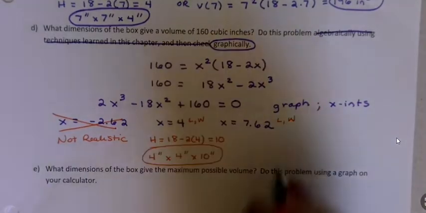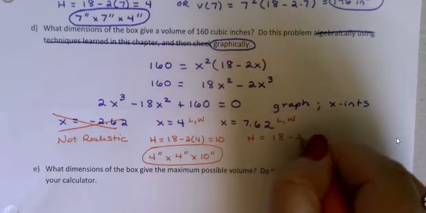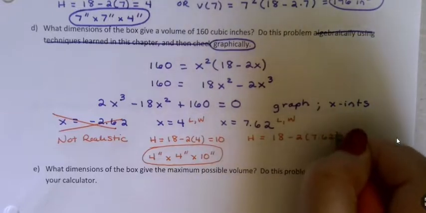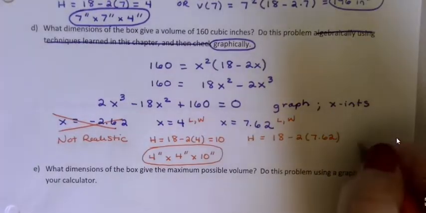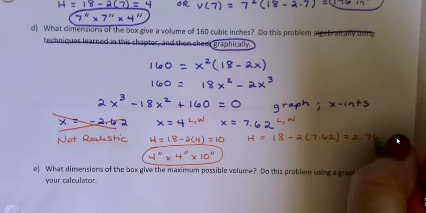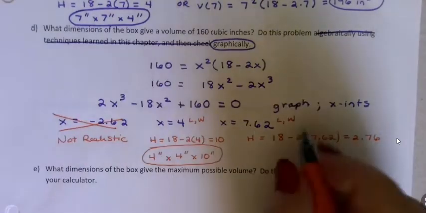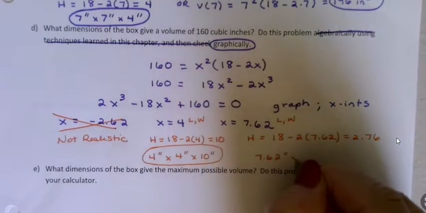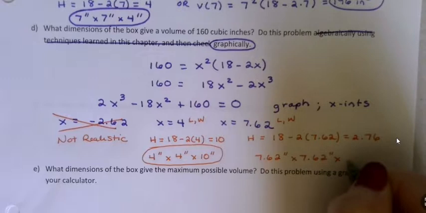So my height, 18 minus 2 times 7.62, just doing that on a calculator, is 2.76. So this one, length and width are 7.62, and the height is 2.76.